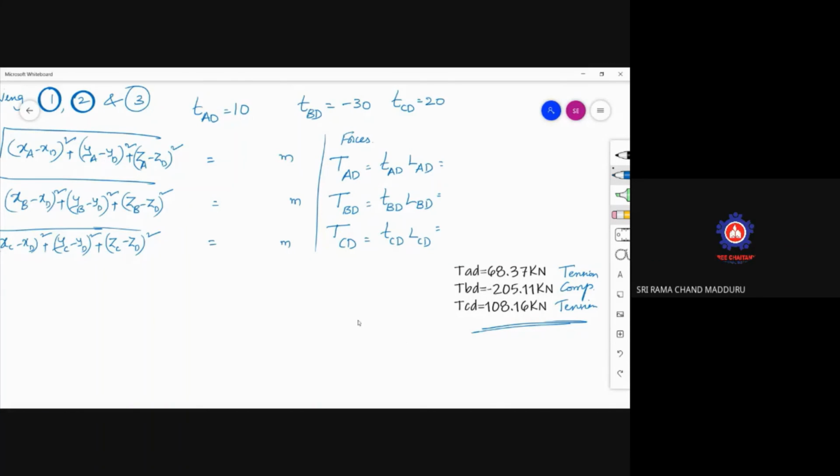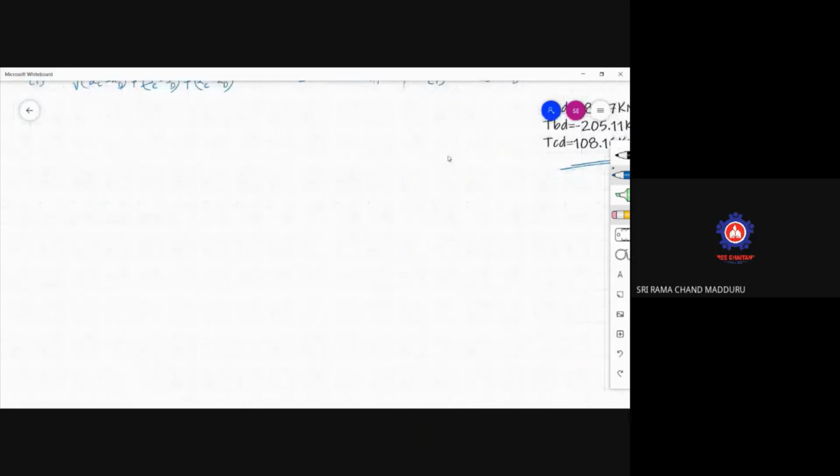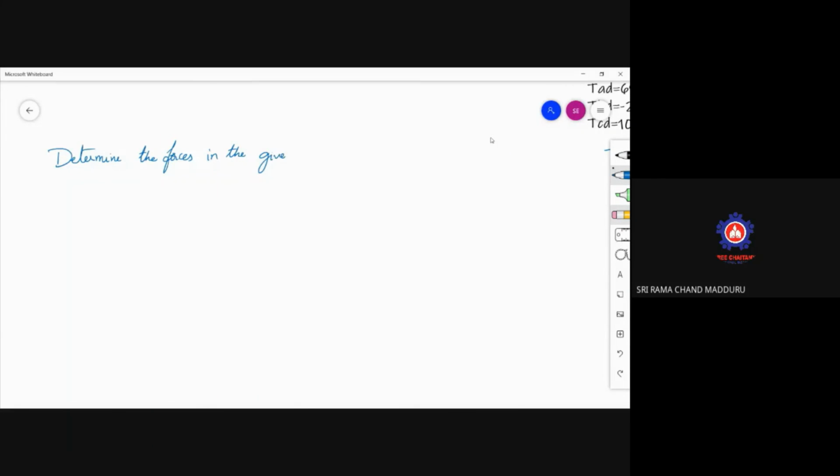I'm just giving you one problem. If you are able to solve it, just try it. Determine the forces in the given Warren type cantilever truss using method of joints.